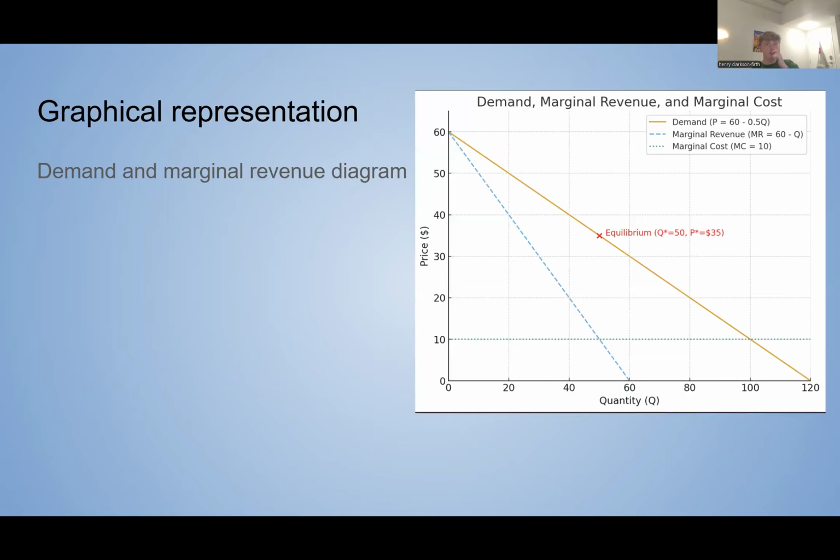Now, here's a graphical representation. The blue line shows the demand curve, which slopes downward, meaning as the price decreases, more people are willing to buy. The red dashed line shows marginal revenue, which drops twice as fast because each time we lower the price to sell one more krona, we earn less revenue from all the others having the lower price too.